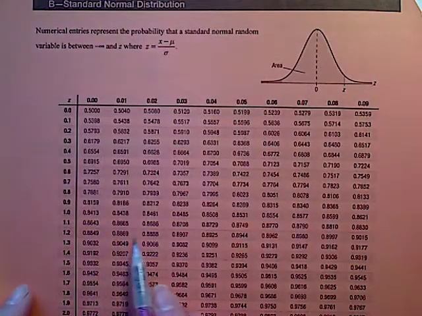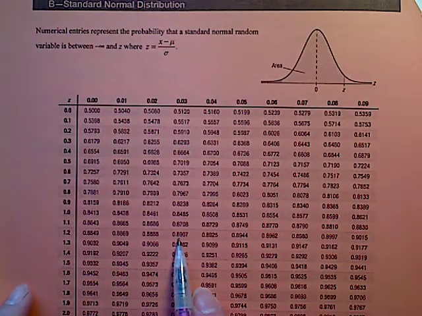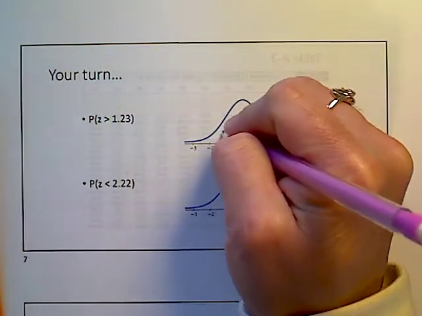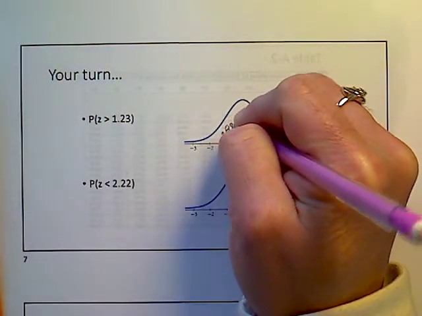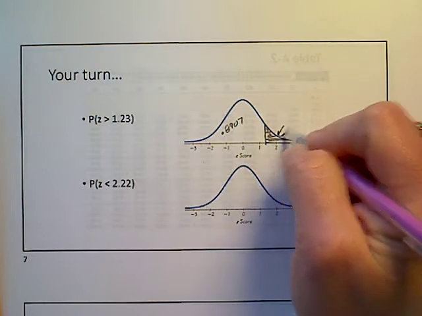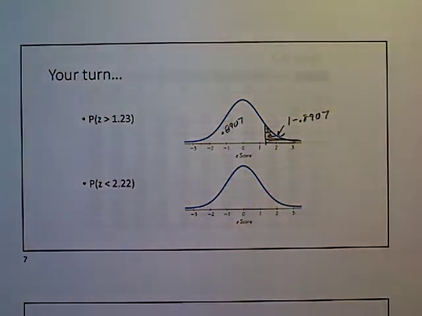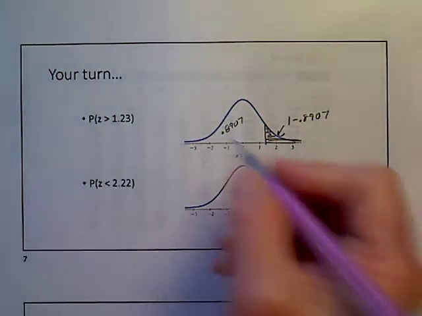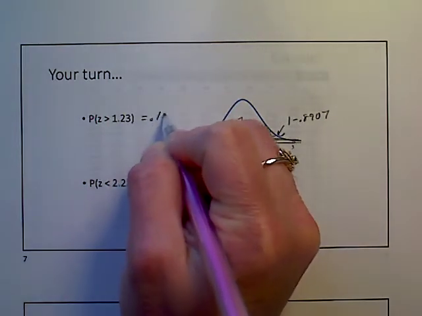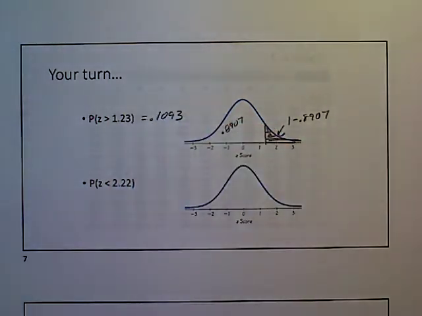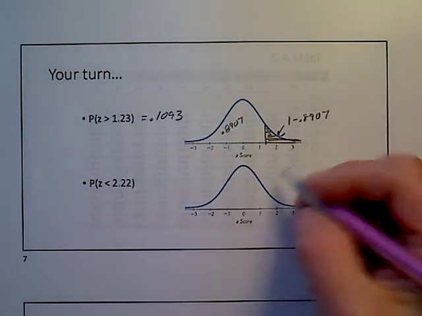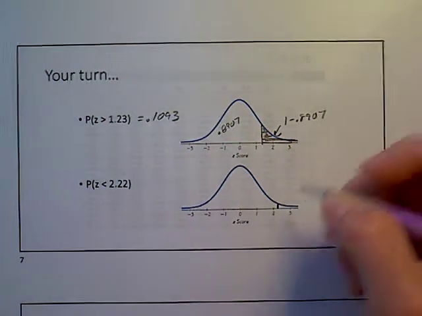Yes, it's a lot of flipping. 1.23 is 0.8907. This side is 0.8907. So this side is 1 minus that. And I've got to calculate it. That is 0.1093. Woohoo!